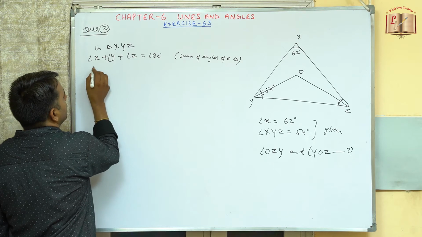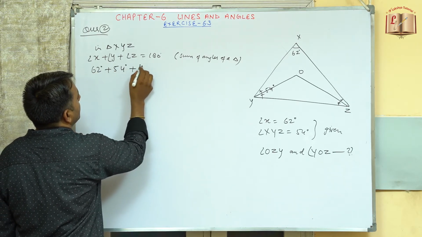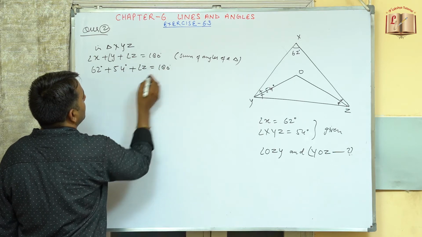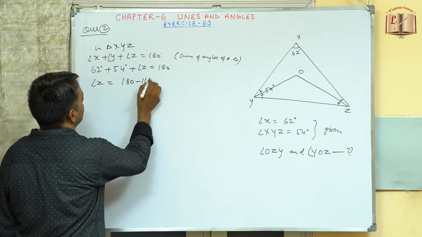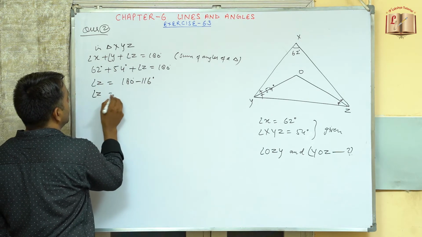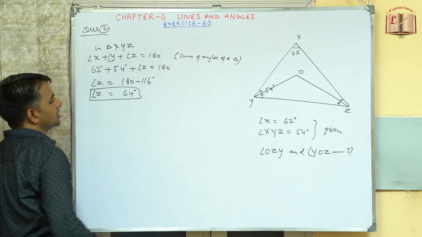Now see that X is already given 62 degrees and Y is given as 54 degrees plus angle Z is equal to 180 degrees. So angle Z is equal to 180 degrees minus 116 degrees. So angle Z is equal to 64 degrees.